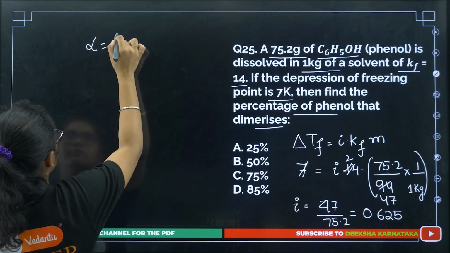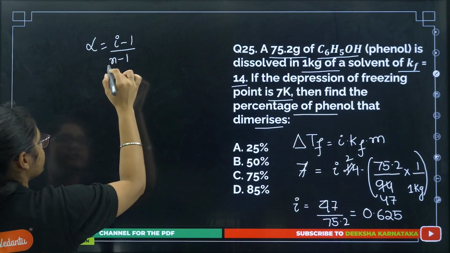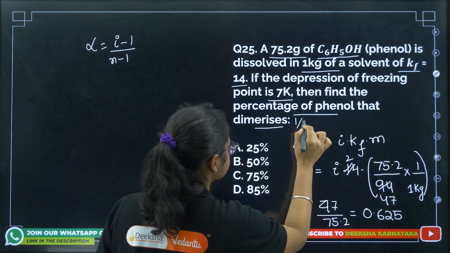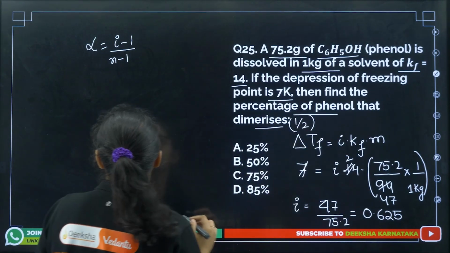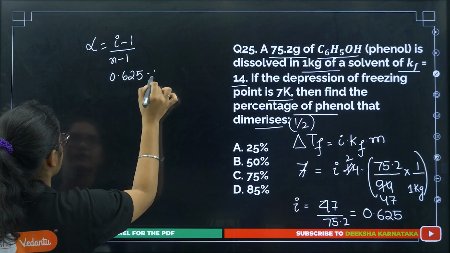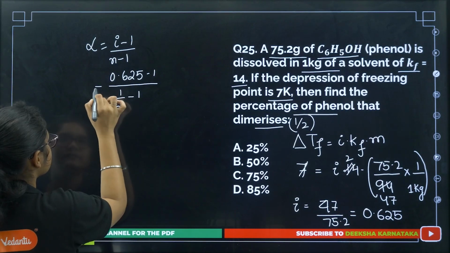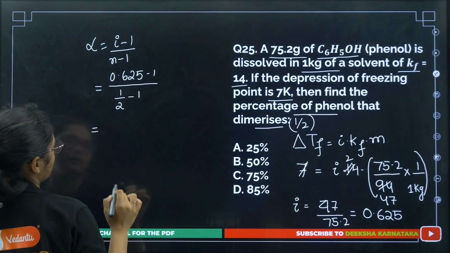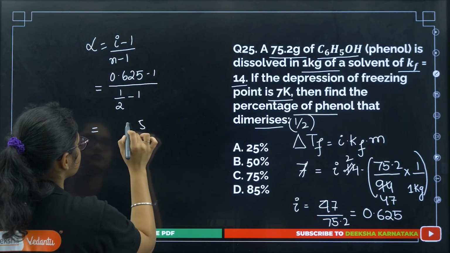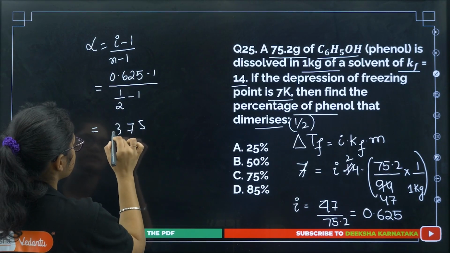Alpha value will be equal to i minus 1 by n minus 1. Now dimerizes means the n value is half, right? So now I can substitute 0.625 minus 1 by 1 by 2 minus 1. If I solve this, we will get around 0.375.